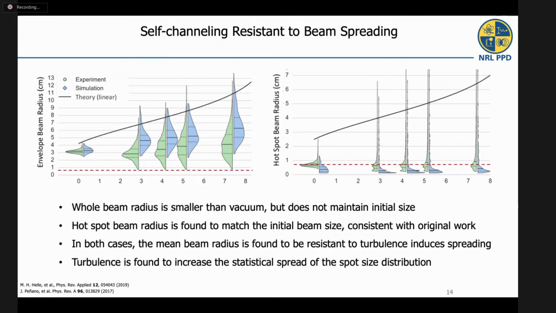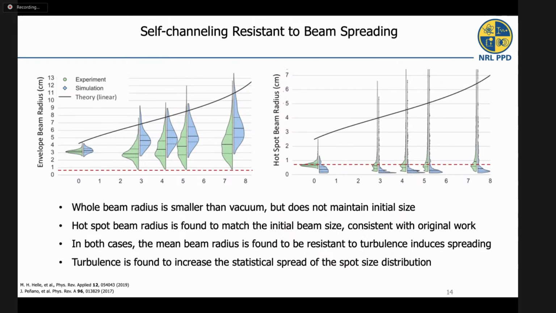So effectively what happens is that the wings temporally of the pulse are undergoing different levels of self-focusing, anywhere from purely linear defocusing to moderate amounts of self-focusing. So that energy is bleeding out, and it tends to weigh the D4σ measurement of the spot size. So by doing a hotspot analysis, it helps remove some of that energy that's on the wings of the pulse.